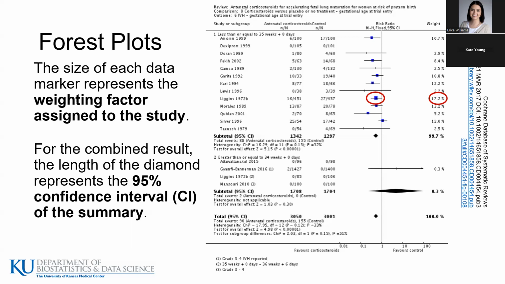Because this was also one of the larger studies, it provides more weight towards the final estimate. So this is weighted at 17.2%. Smaller studies like this one contribute a lot less to the final estimate. So this has a weight of 2.5%.